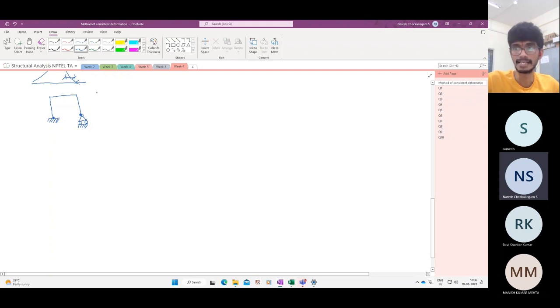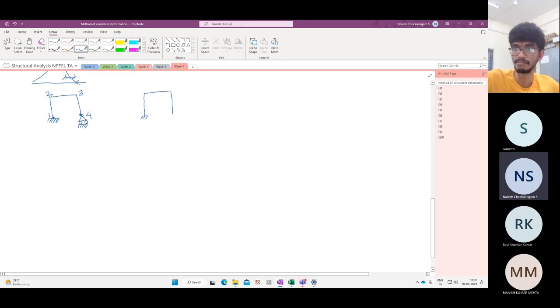So this is a statically indeterminate structure to the first degree. Let me identify points 1, 2, 3, 4. Now let me treat this vertical restraint as the redundant force. So what will be the statically determinate structure I get? This will be my primary structure.